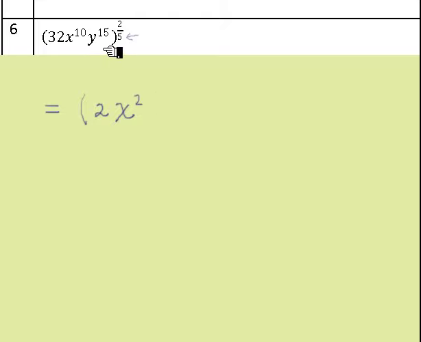Now the fifth root of y to the 15. Again, divide 15 by 5, and we have y cubed. Now we're going to square everything. 2 squared is 4. x squared squared is x to the 2 times 2, x to the 4th. And y cubed squared is y to the 3 times 2, y to the 6.